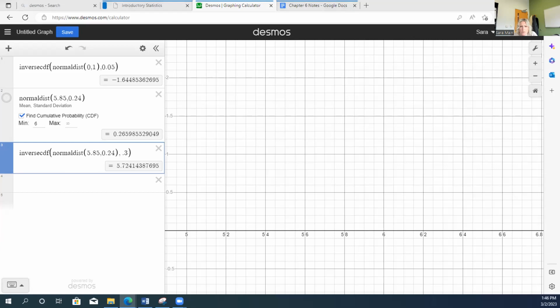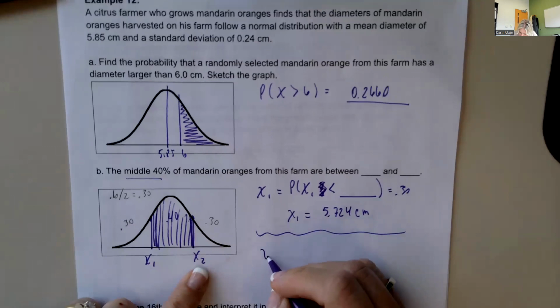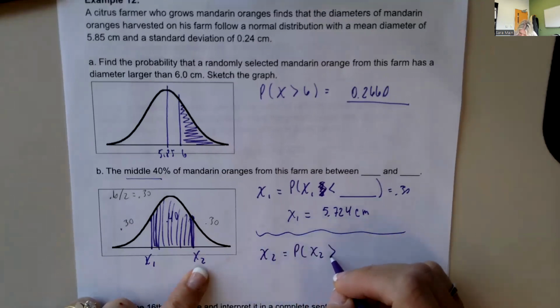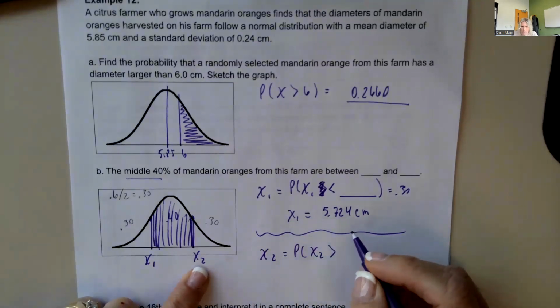And then I want to show you the other one, x2. This one's bigger than the mean, and it's greater than something.